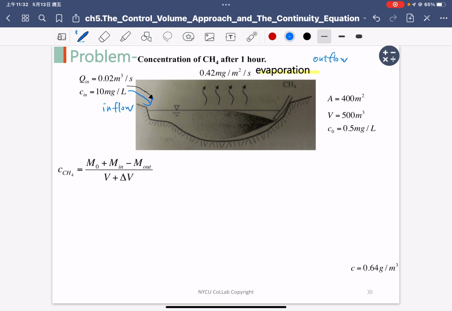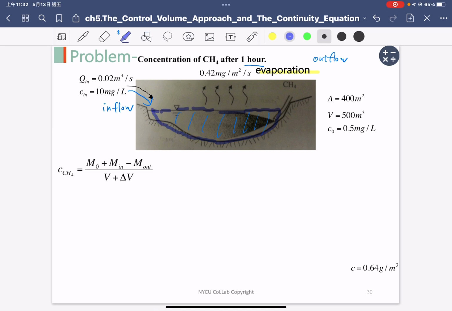So what's the problem? The question here is: how about the concentration in the river after 1 hour? Maybe our control surface is along the water surface, and there's the boundary.